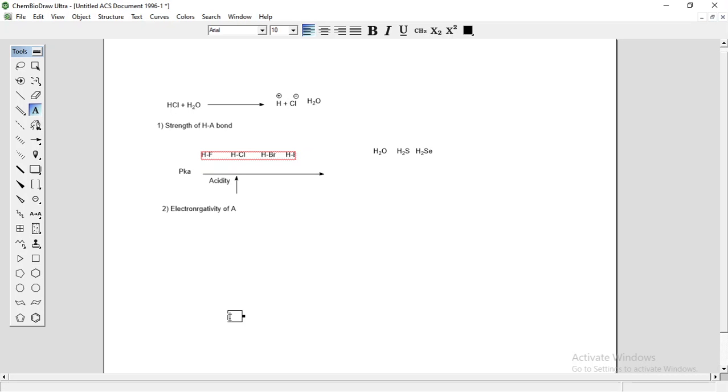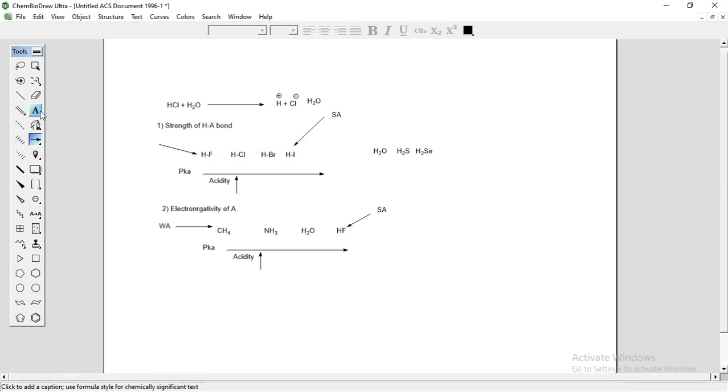HF is the strongest acid, SA means strongest acid, and CH4 is the weakest acid. So this is about the electronegativity of A.